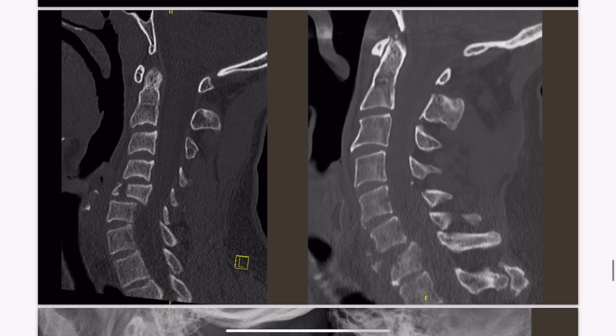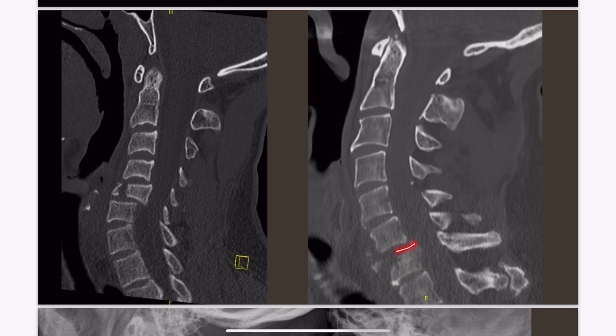If you see the fractures, there's going to be a wedge compression fracture over here. Anterior part is less than 75% of the posterior part, so it is going to be a wedge compression, and the fragment is also separated. Here I'll be able to see that there is going to be a burst fracture.